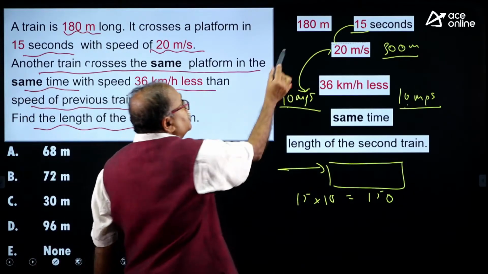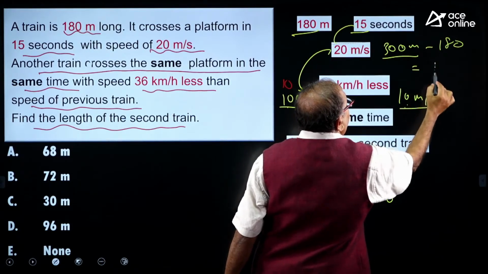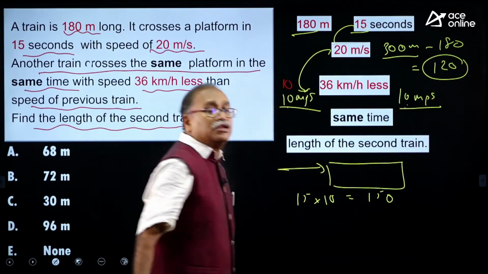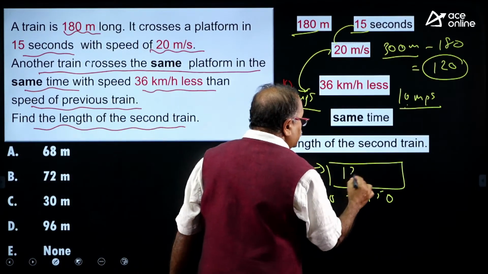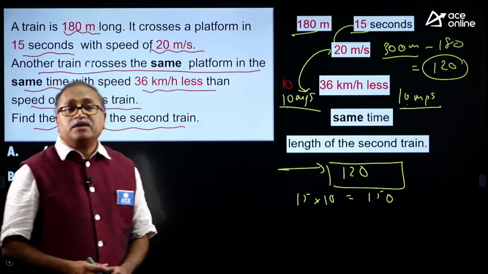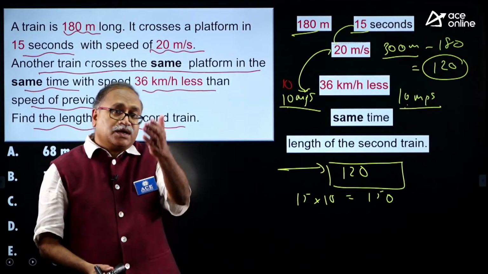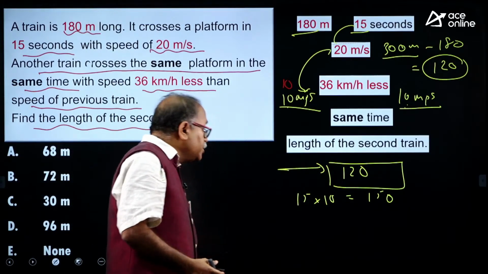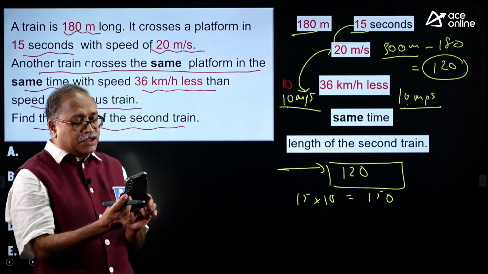And what is the length of the train? 180 meters. So, take out 180 meter, the remaining 120 meter is the length of the platform. So, the length of the platform is 120, and the total length is 150. You are asked to find the length of the second train, and Anusha says 30.